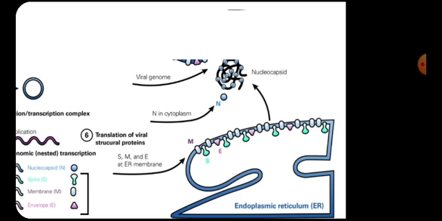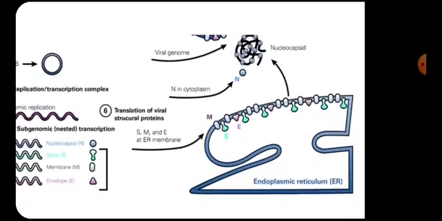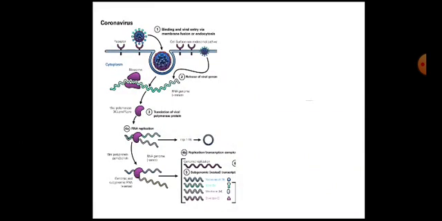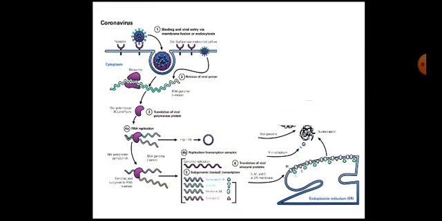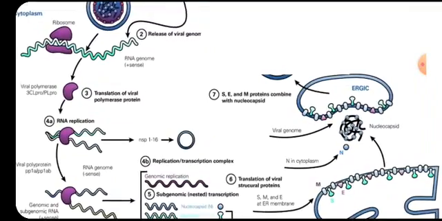So the viral genome and these proteins combine to form a nucleocapsid. That means this is the step of assembly. Now all the viral components and the RNA genetic material are synthesized. So these are the steps that show the assembly process.